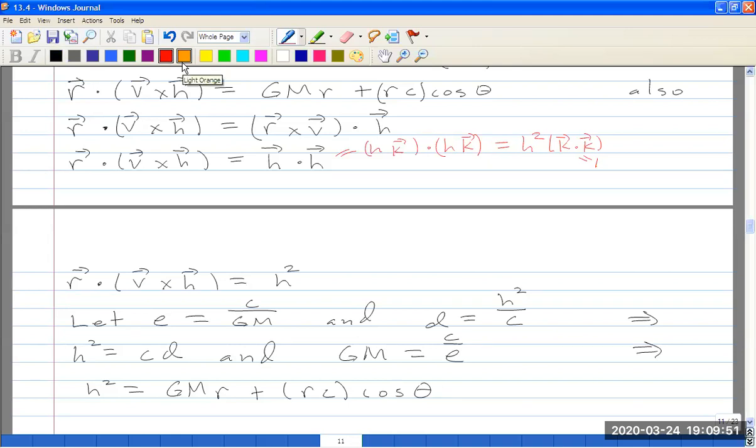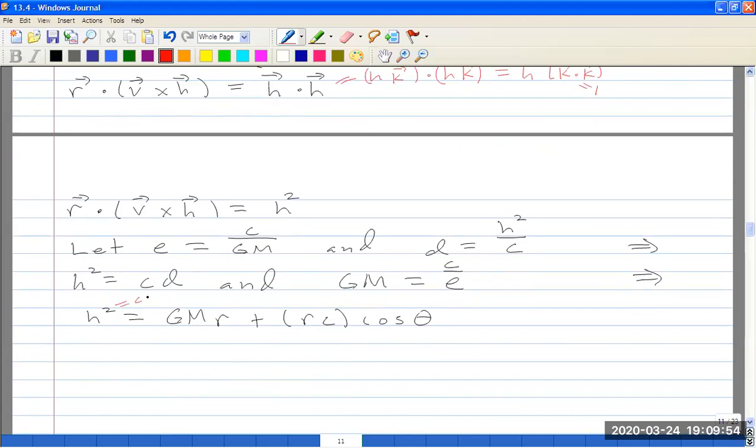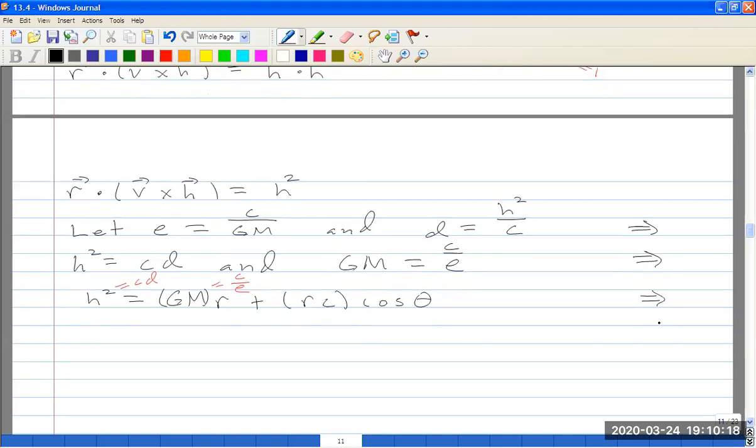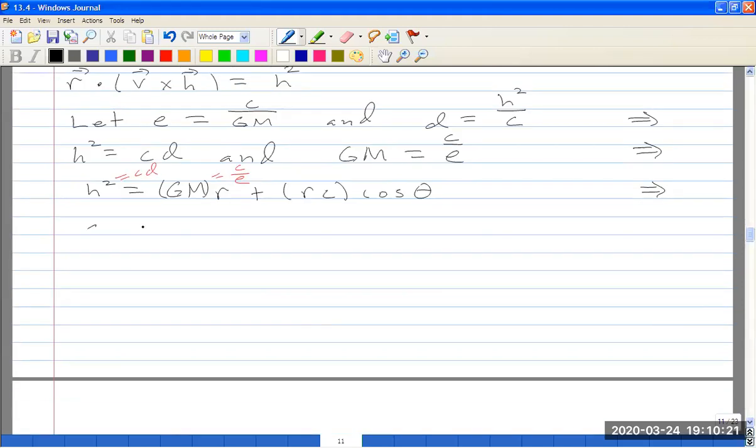And so H squared is CD, GM, maybe I should put GM in parentheses, GM is C over E. Okay. And so I have CD equals C over E R plus RC cosine theta.